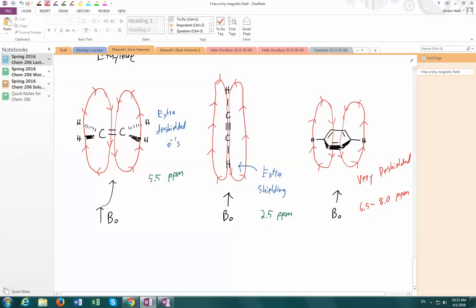Yeah? So for the de-shielding and shielding situation, is it the triple bond that causes this to happen? Yeah, it's just the way that those p orbitals are in space that cause the molecules to line up the way that they do. Okay. Sarah? But I don't get why acetylene couldn't just turn over. It just doesn't do it that way. It's just the way that the p orbitals and the pi bonds orient themselves in space.